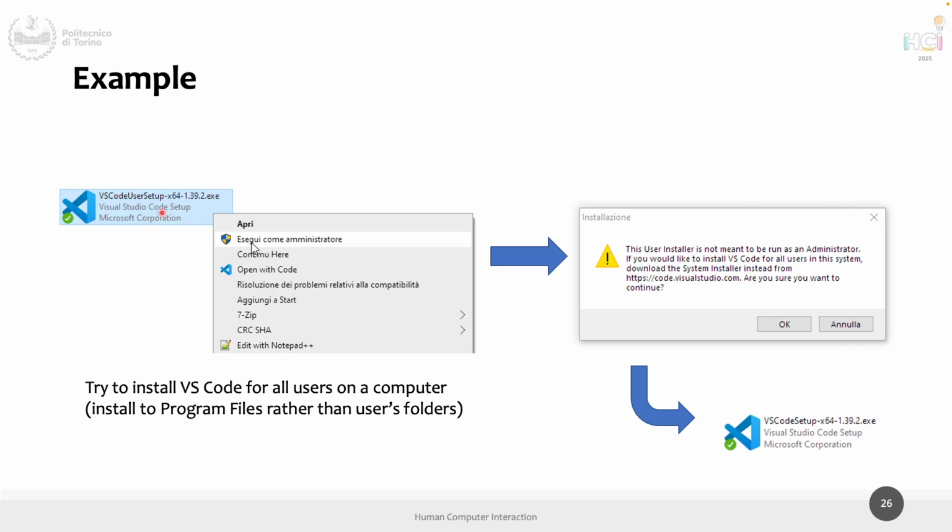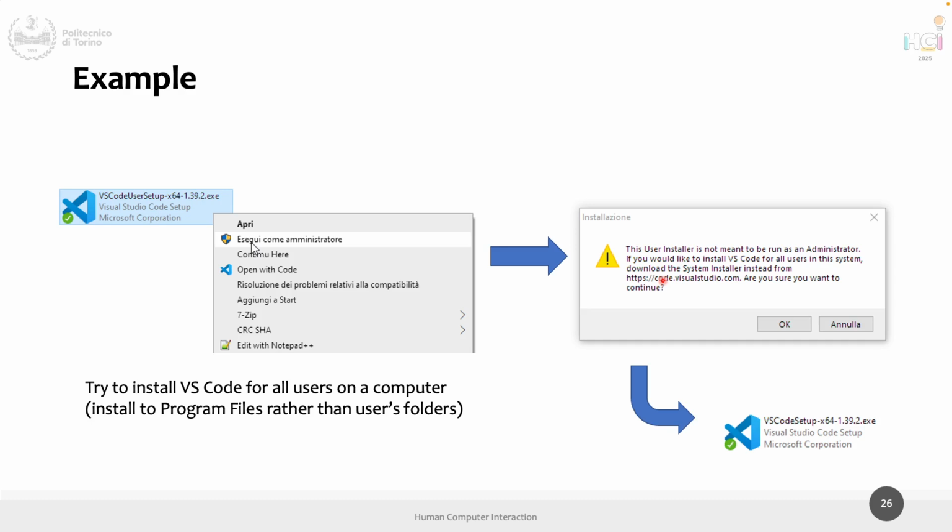I have the Visual Studio Code setup on Windows, the file, and I want to install it for all users on a computer, so as an administrator. And if you do that, instead of proceeding and trying, it gives you a message, a better message than error in sending the message -1, that says: this installer is not meant to be run as administrator.